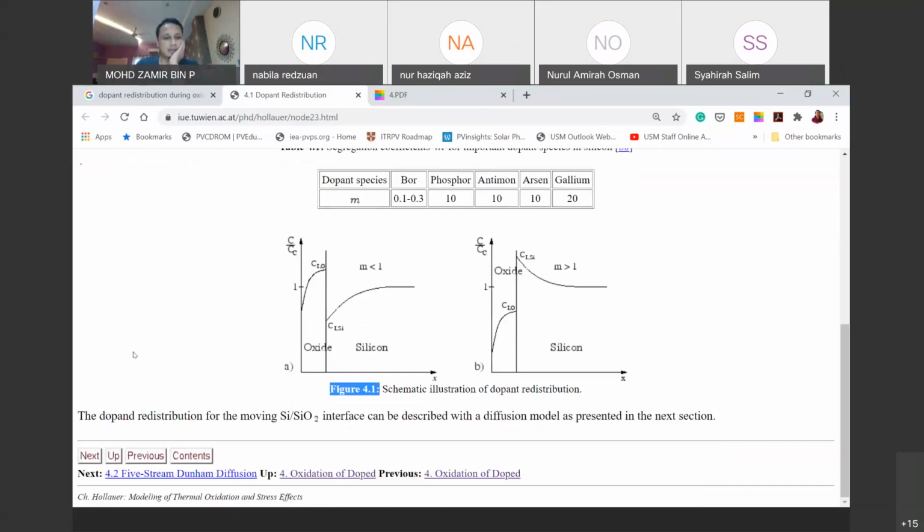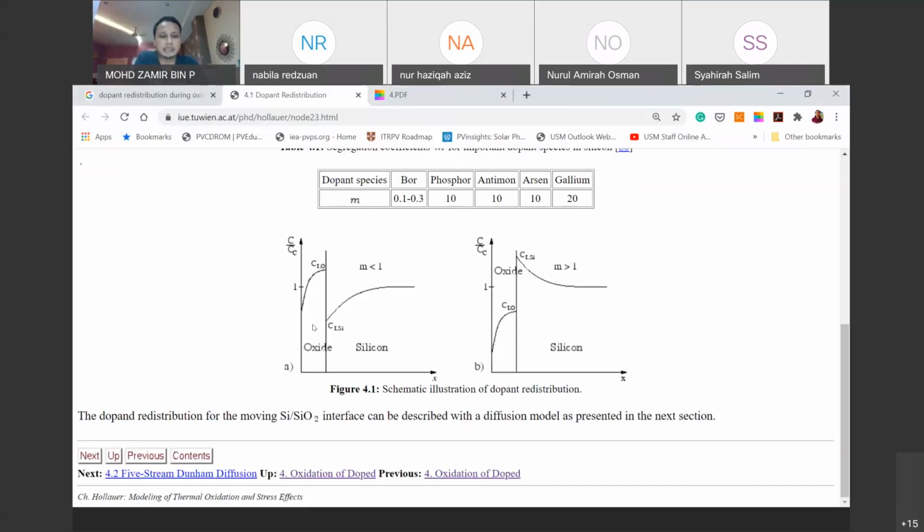So the left-hand side is, what is left-hand side? What is an example of the dopant for the left-hand side? So what do you see here? M is less than 1. So therefore, what are the examples of the dopants for the left-hand side?